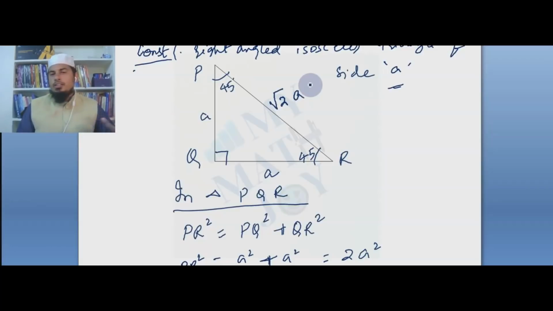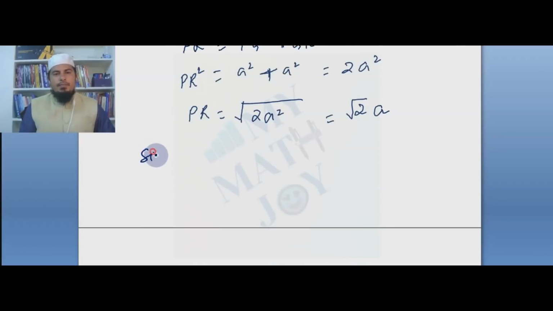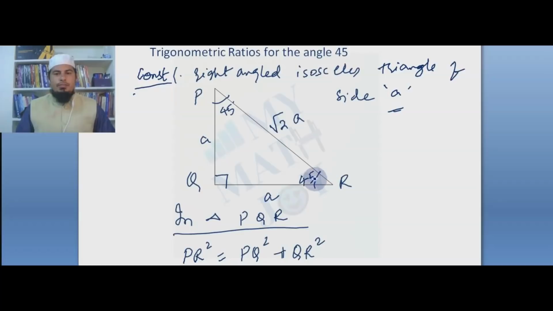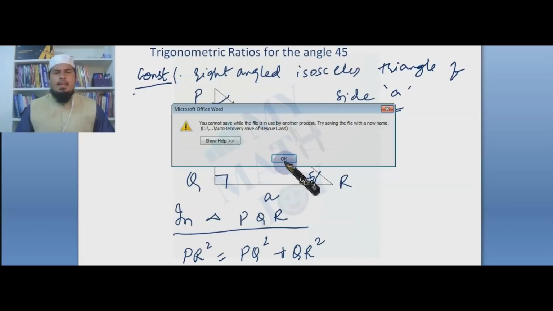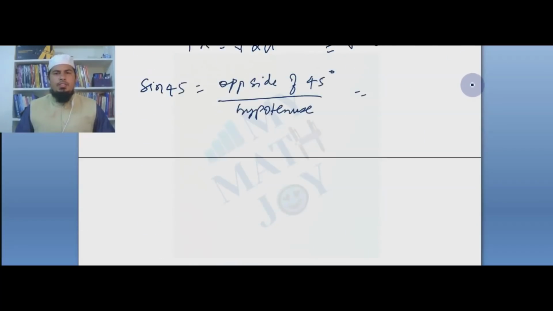In a right angle triangle, all the three sides have been known. Now I can get all the trigonometric ratios. Now I want my sine 45. Sine 45 is the opposite side of 45 degrees by hypotenuse. You can use this 45 or this 45, nothing is going to happen. Opposite is a, hypotenuse root 2 a, so it becomes a by root 2 a.